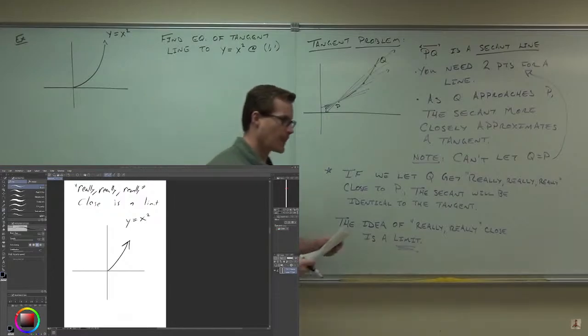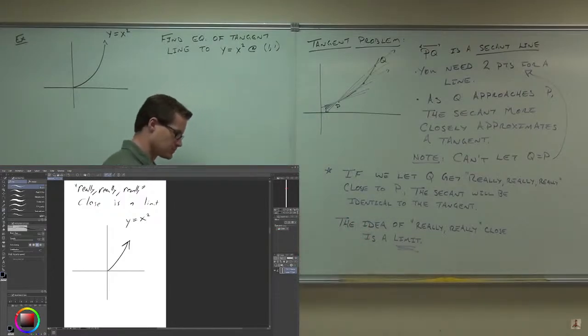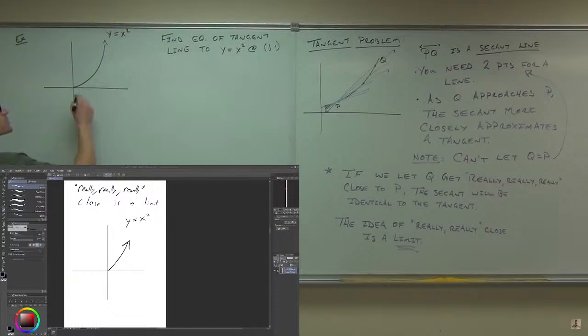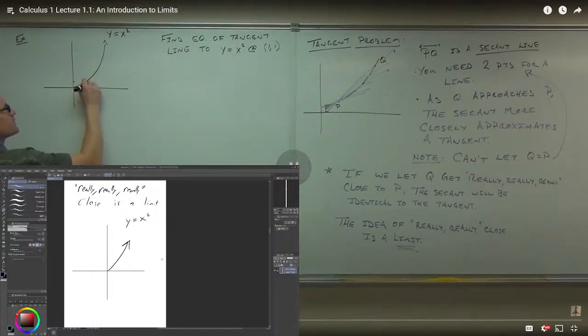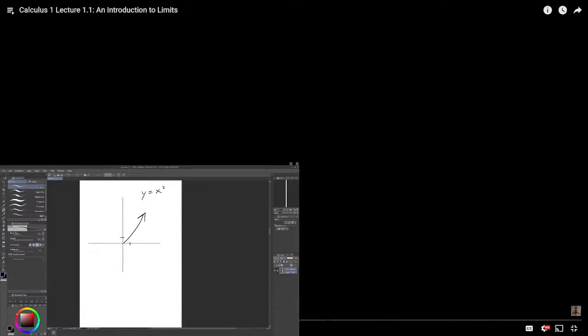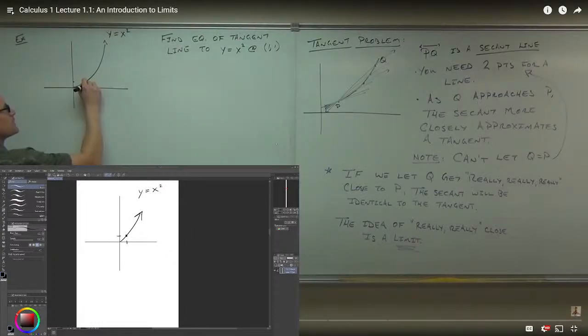Specifically that one, 1, 1. Well, let's go over to 1, 1, and let's put a point there. So P. Alright, so we go to 1, 1, and we put a point. And so we gotta find the equation of the tangent line to the point 1, 1. P is the point 1, 1.